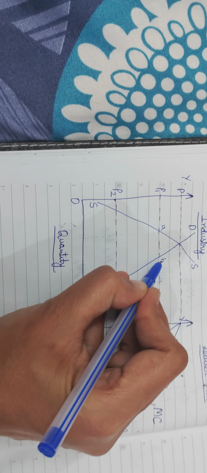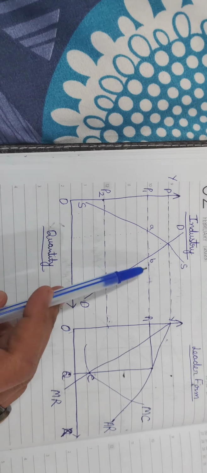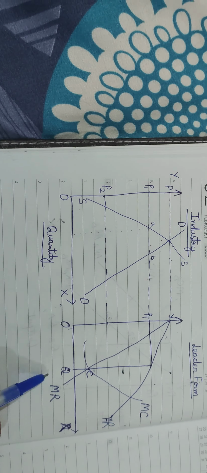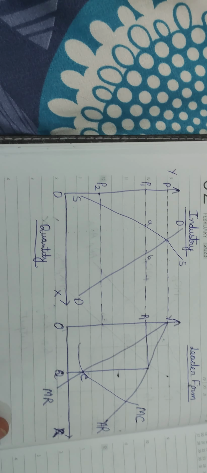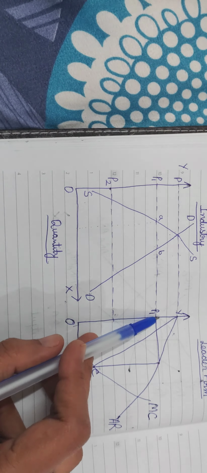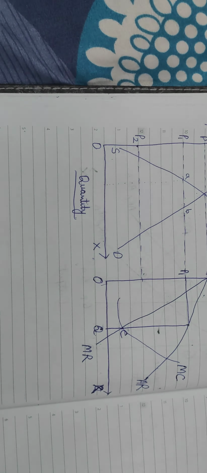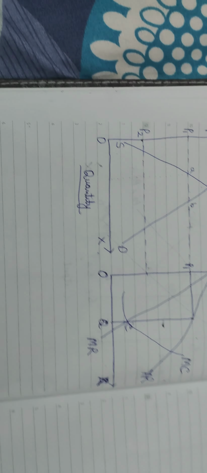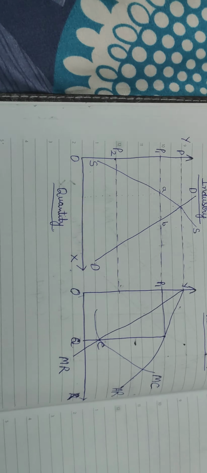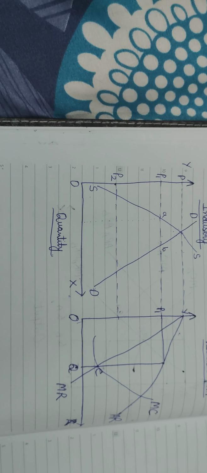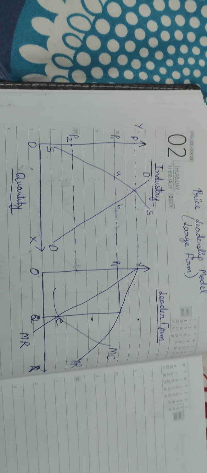Suppose this is A and this is B, so the gap between A and B will be the same as OQ. Now the leader firm will determine the price at OP1, and there is a gap between demand and supply. This gap will be fulfilled by the leader firm. This is how the price leadership model by a large firm works.